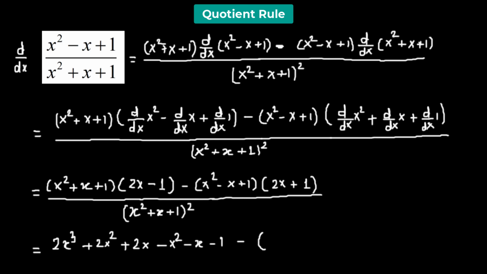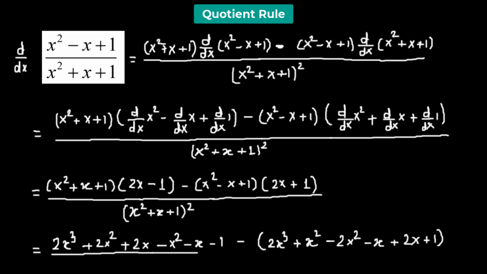Minus we have x squared multiplied by 2x, so that will be 2x cubed, plus x squared multiplied by 1 gives us x squared, and minus x times 2x will give us negative 2x squared, minus x plus 1 multiplied by 2x plus 1, whole divided by x squared plus x plus 1 whole squared.